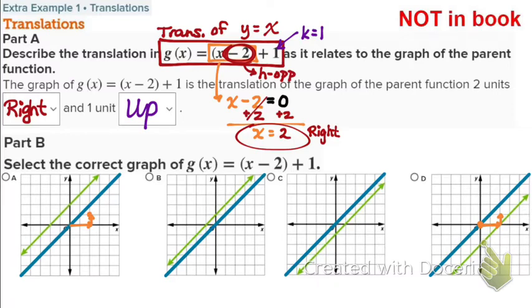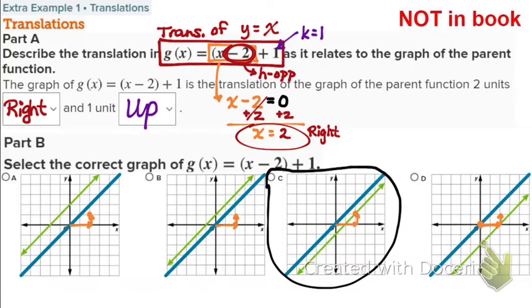Nope. To the right 2 and up 1. That one has a point on my line. Correct one is C. I had to put my parent on the graph so that I could count over right and up to figure out which one this was.